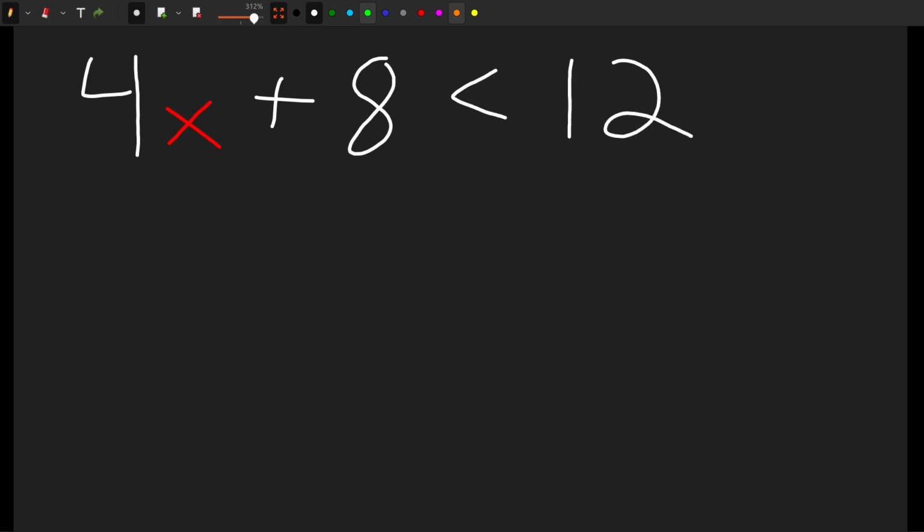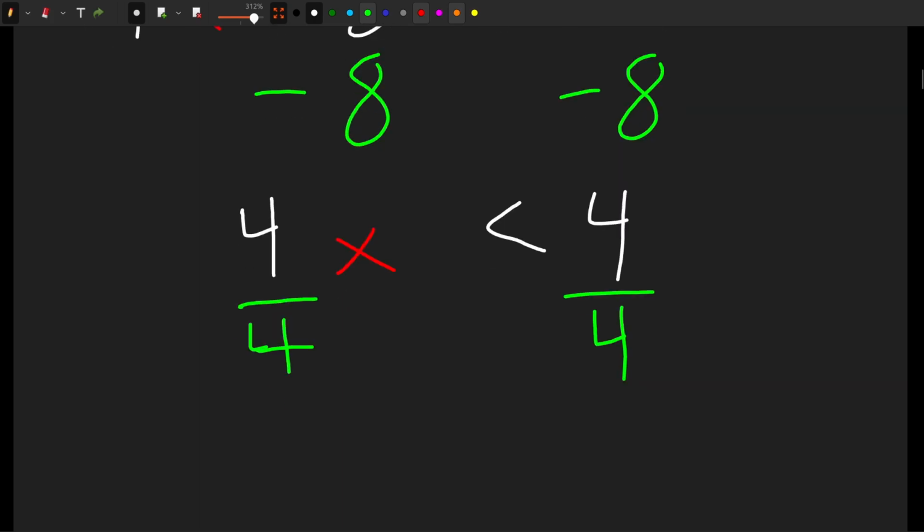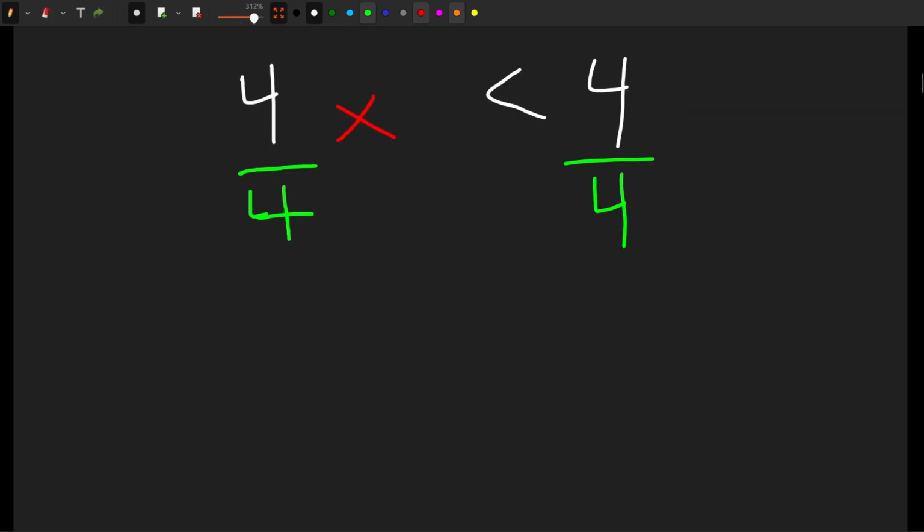I'm going to subtract 8 from both sides. I'm going to get 4x is less than 4. Divide both sides by 4 now. On the left-hand side, I get x, and on the right-hand side, I get 1.